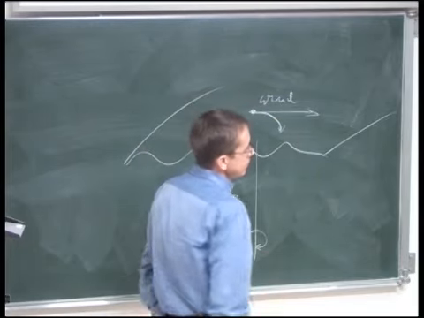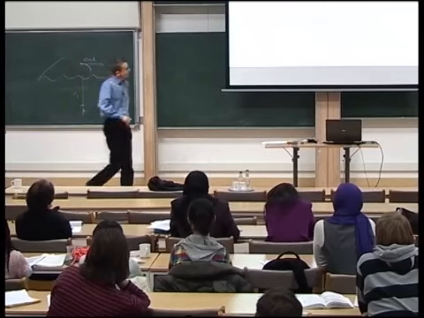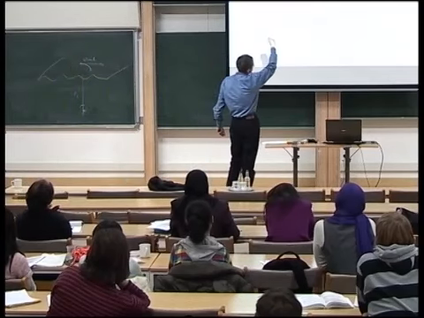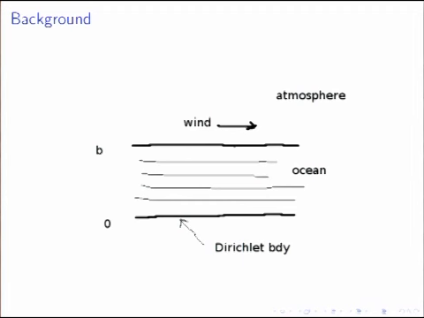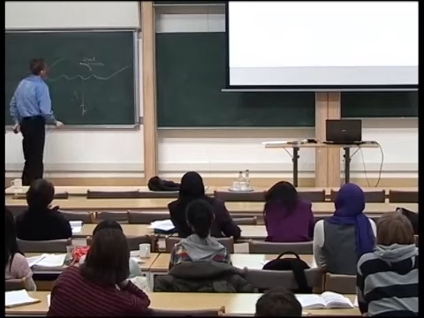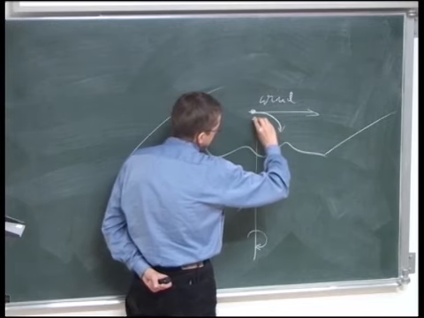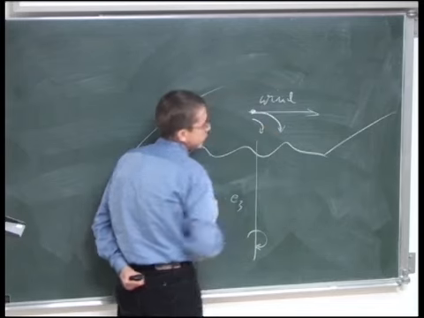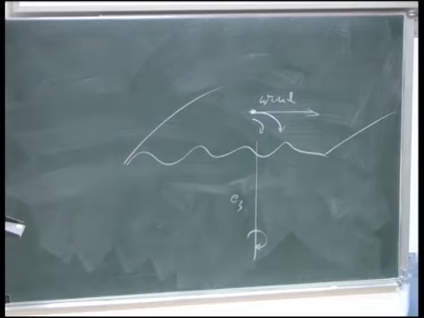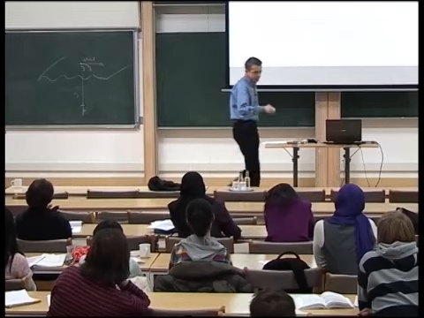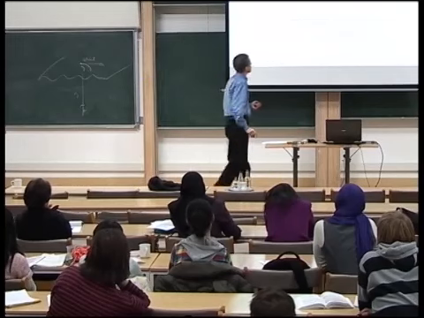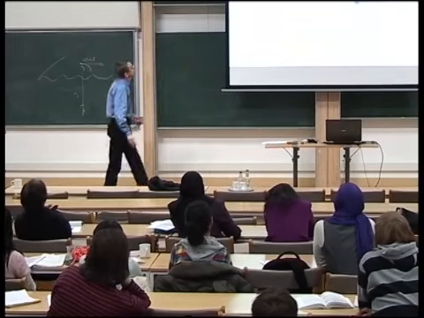And then you can think of this ocean as a number of thin layers, and each layer which is dragged in this direction drags the layer below it even further in this direction. Of course, the influence decreases with depth, and what comes up is the so-called Ekman spiral.